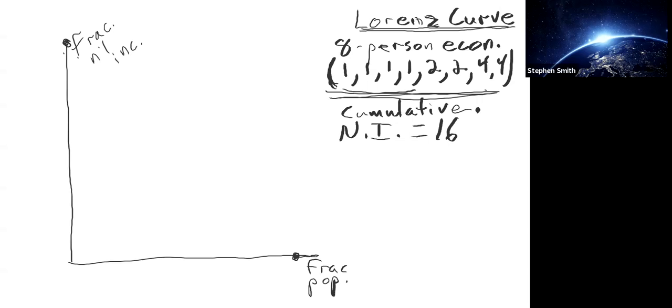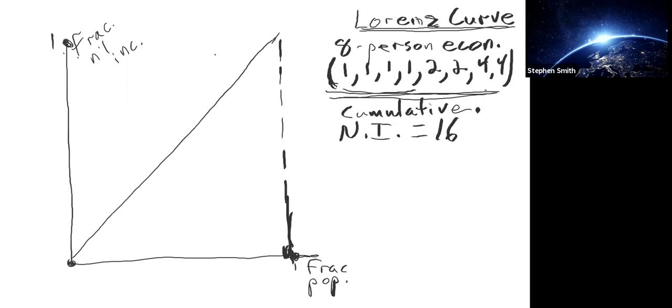And the fraction is between 0 and 1, once again. We always set ourselves up for this before proceeding by writing down the line of perfect equality. I'm going to call that LPE today. And then we want to see what our Lorenz curve looks like in relation to that LPE.